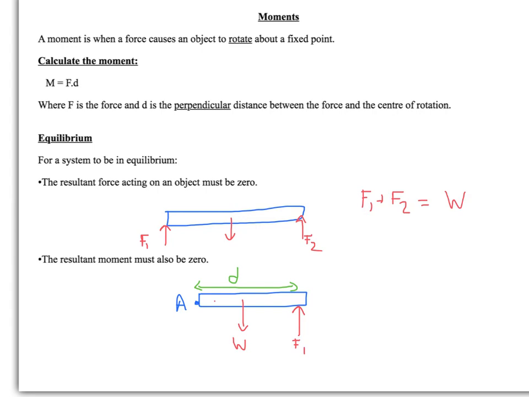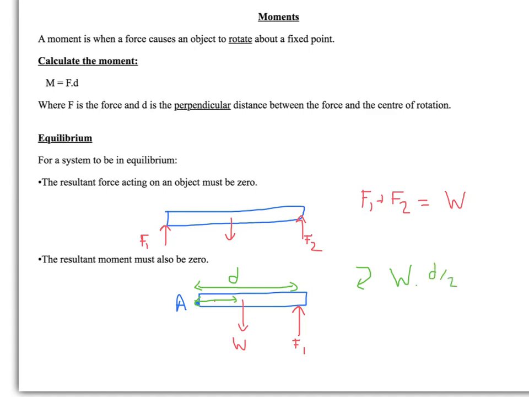So let's set up the conditions for it to be in equilibrium moments-wise. Let's have a look at the clockwise moment, so the moment going around this way. You've got the weight force, W, multiplied by the perpendicular distance. If the force is acting downwards, the perpendicular distance would be at 90 degrees, so we're looking at this distance along here, which is D over 2.